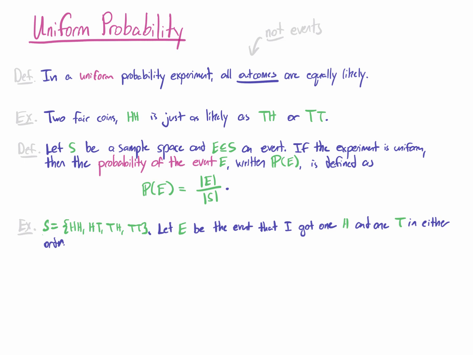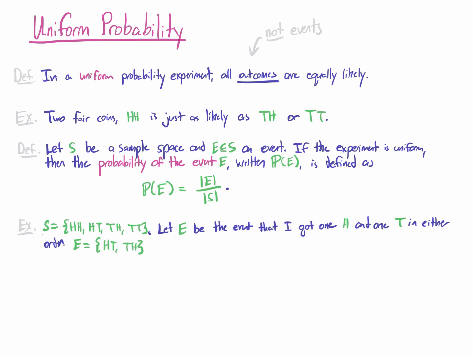This means that my event E contains the heads tails event as well as the tails heads event, but not the heads heads event or the tails tails event. I have to have one of each.